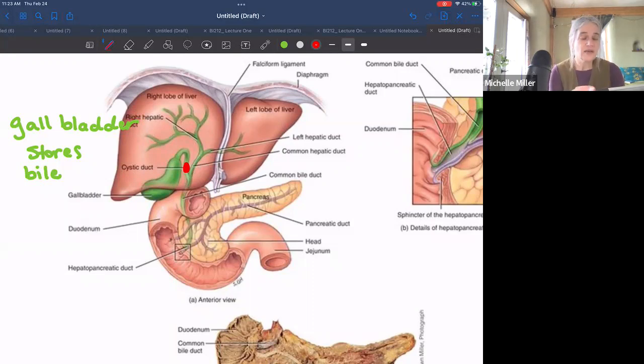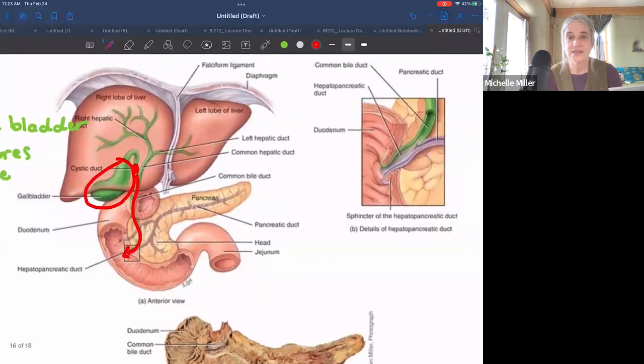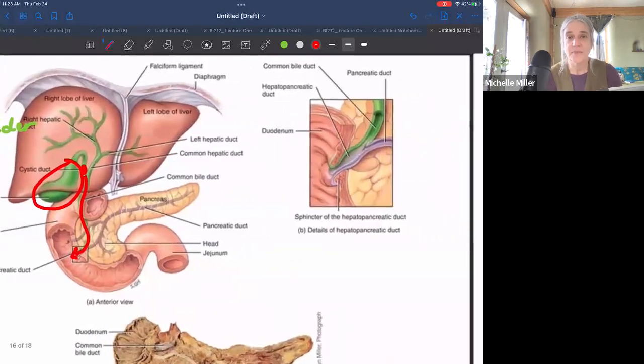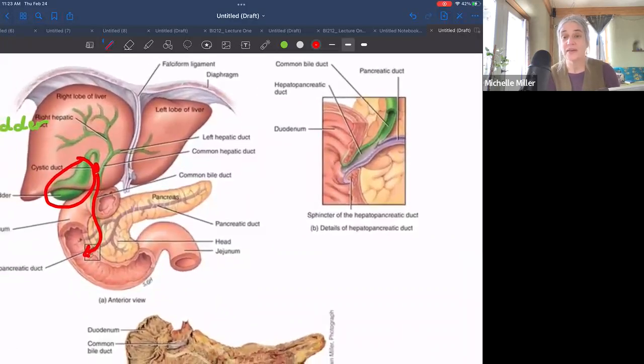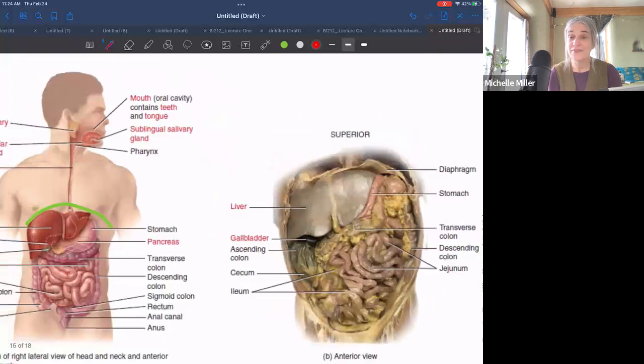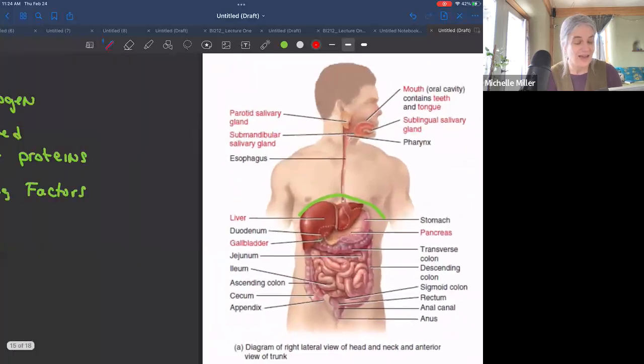Okay, so that's the gallbladder sitting right here in the structure. And then there's a duct that would transport the bile down into the small intestine. So you can see that the bile duct and the pancreatic duct actually open near the same place in that system. So those are the three main functions of the liver.